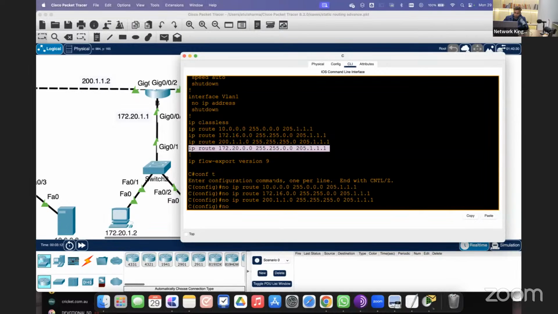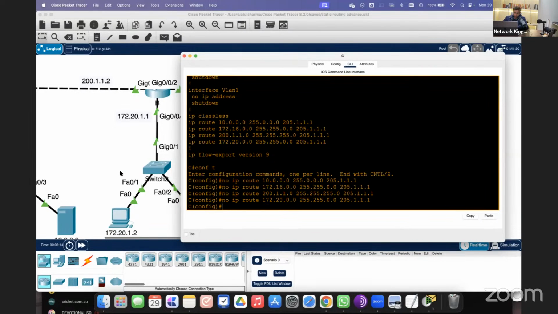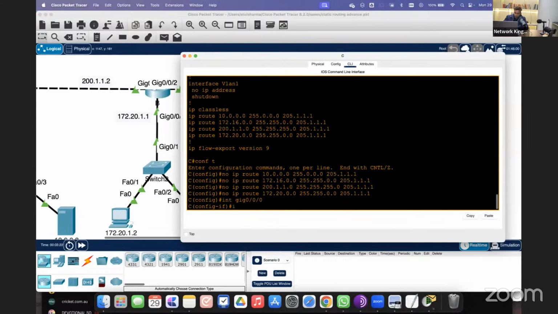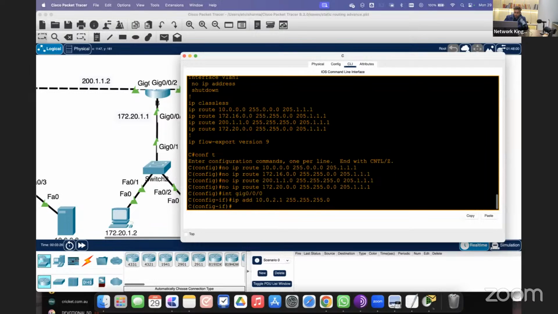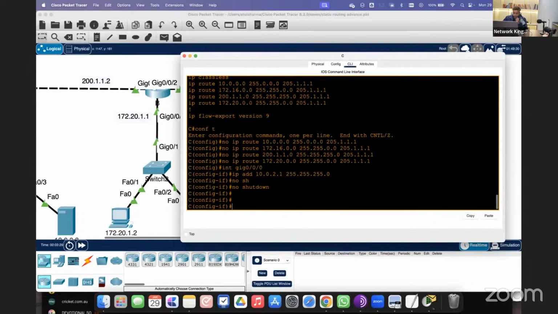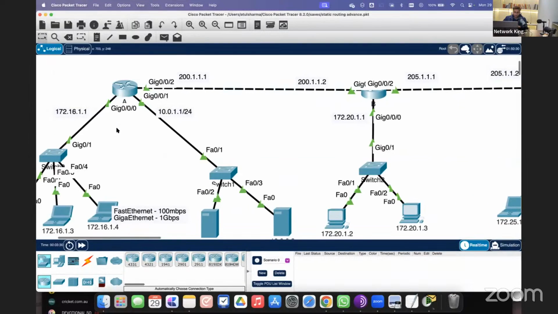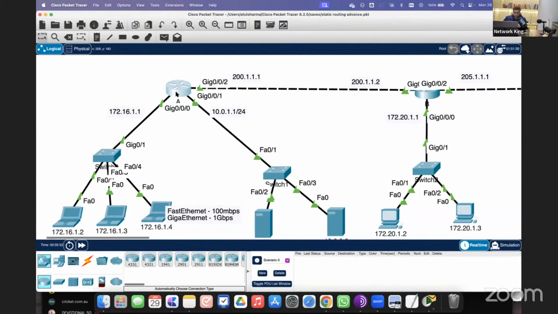If I have to remove static routing. And remember this network I have to change: interface GIG 0/0, IP address 10.0.2.1. This is a different network now, right? So now let's configure EIGRP everywhere.